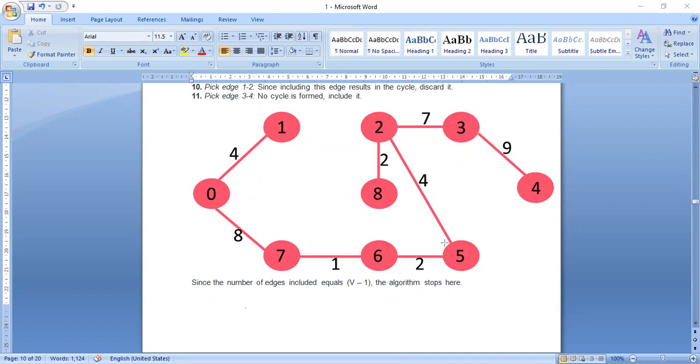So finally, what is the minimum spanning tree? This is the minimum spanning tree. If I connect the vertices of a graph, I can visit all the vertices with minimum weight. If you take these as cities, numbered 1, 2, 3, 4, 5, 6, 7, there are some 9 cities in the country.